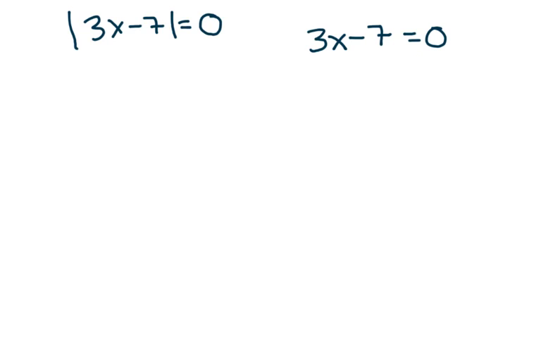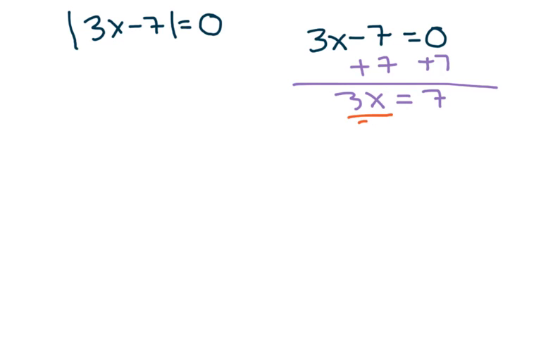Remember that this is algebra 2. So we're going to add 7 to both sides. So we get 3x equals 7. Then we're going to divide both sides by 3. So we get x equals 7/3. Again, we don't want to leave it like that, but let's check and make sure we did this right.